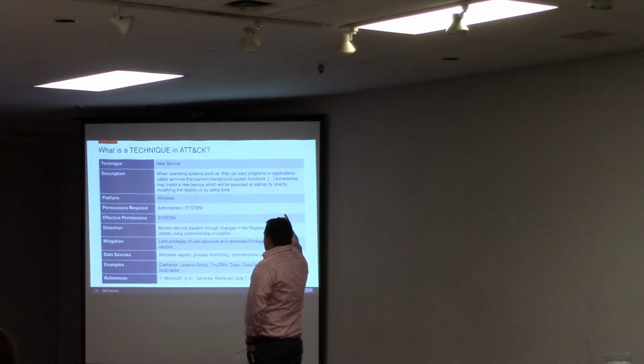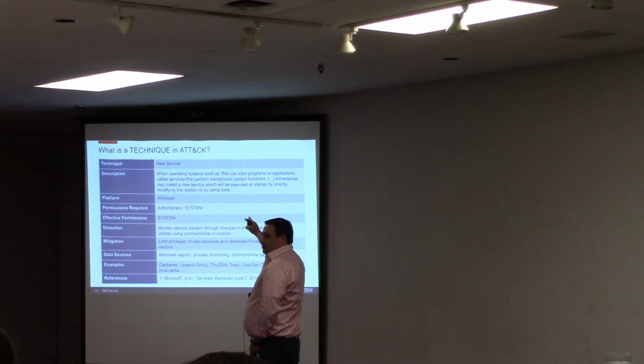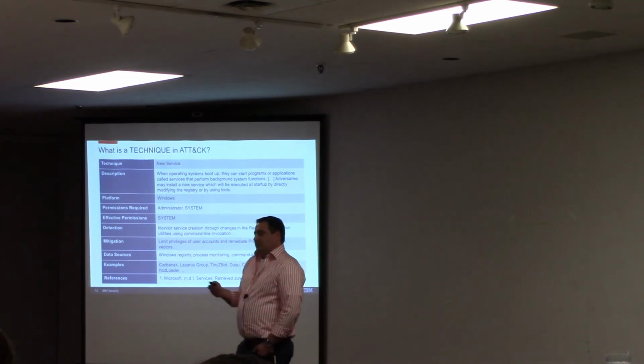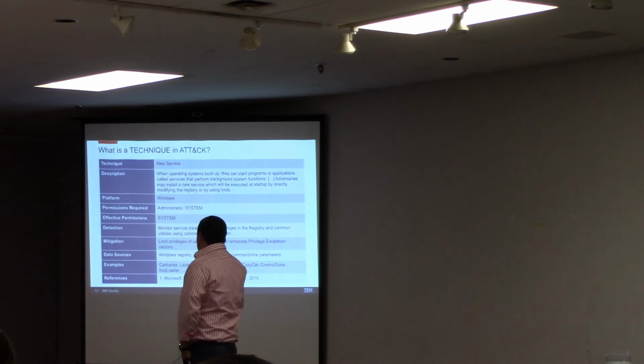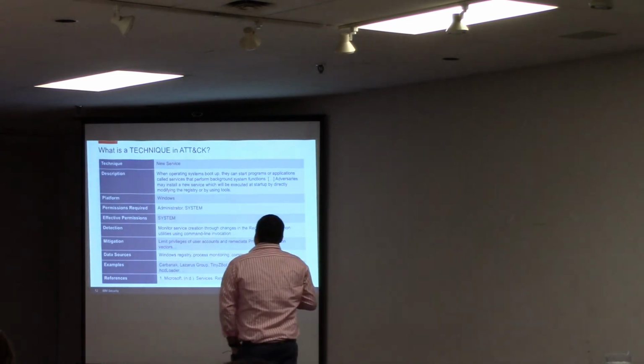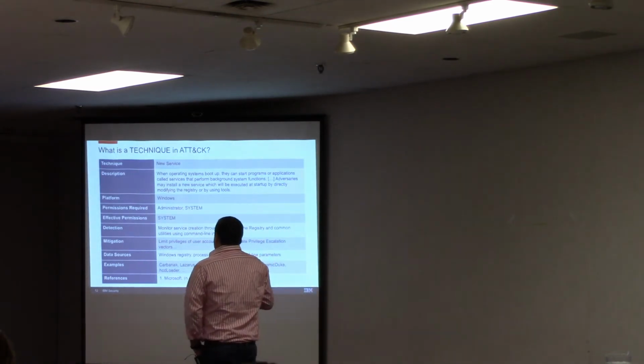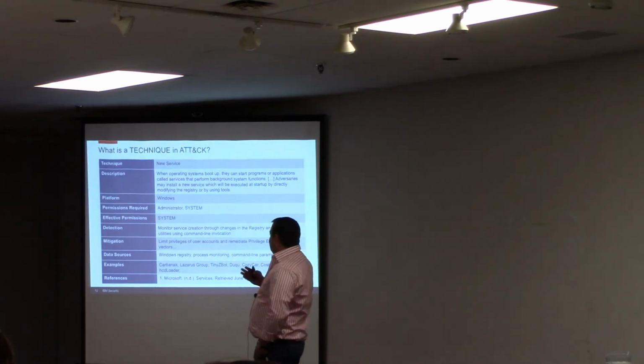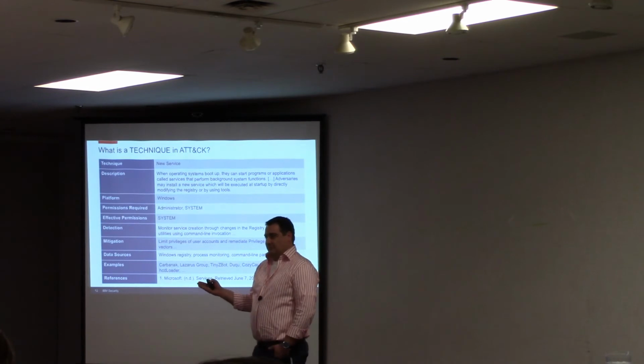There's a description of the technique, and the platforms affected, which can include Windows, iOS, Linux, all kinds of different operating systems. There are permissions required and effective permissions, which can be different. To install a new service, you need administrator permissions, but the effective permissions after you've done that are SYSTEM, because services run at the system level.